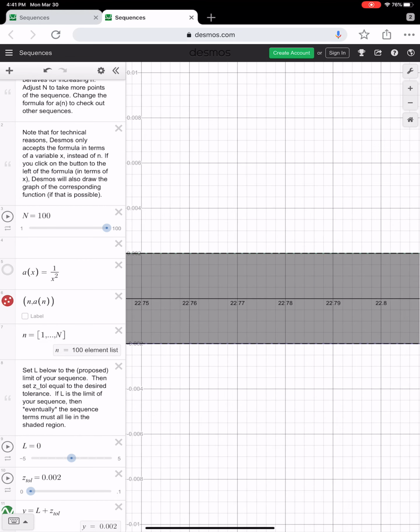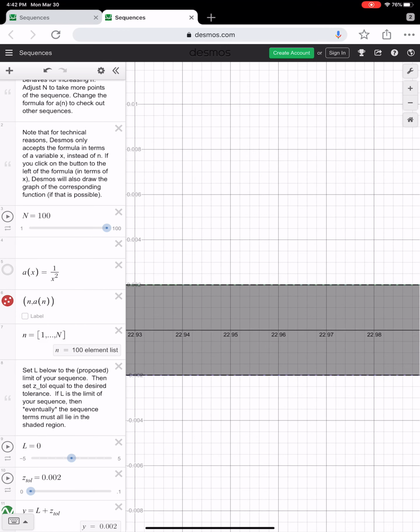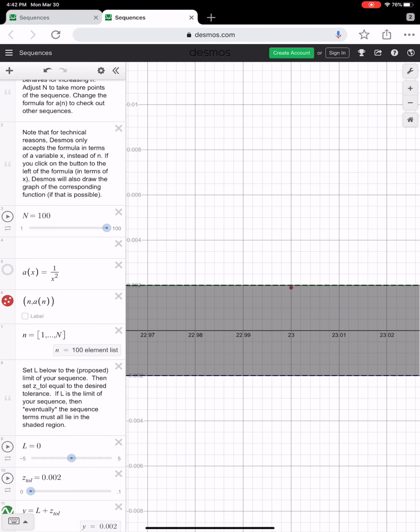So let's get out to 23 and we'll take a look. I'm scrolling over here and you can see that A of 23 is small enough so that we're within this new tolerance of 0.002. So in fact, just visually you can see that because the terms of this sequence are getting tinier and tinier, the limit is in fact 0.